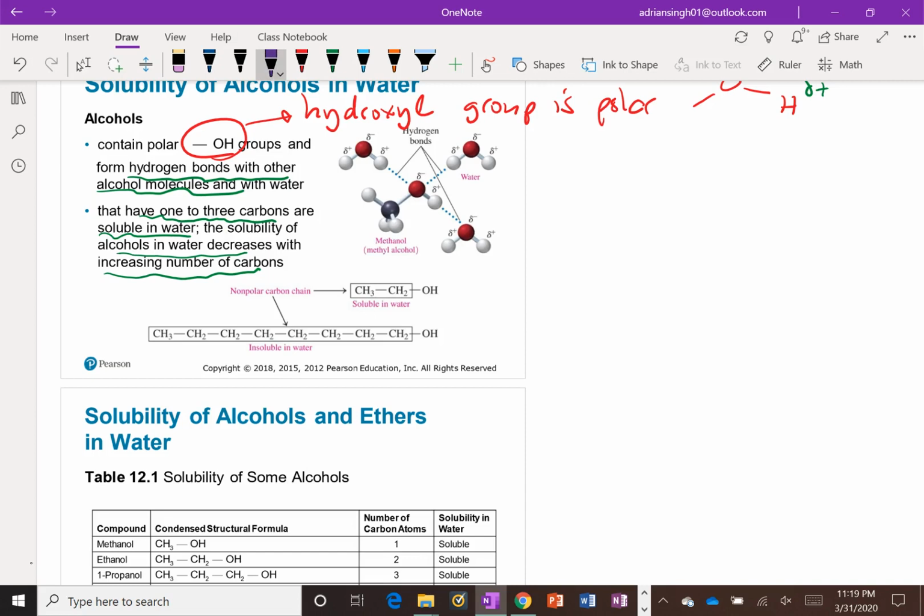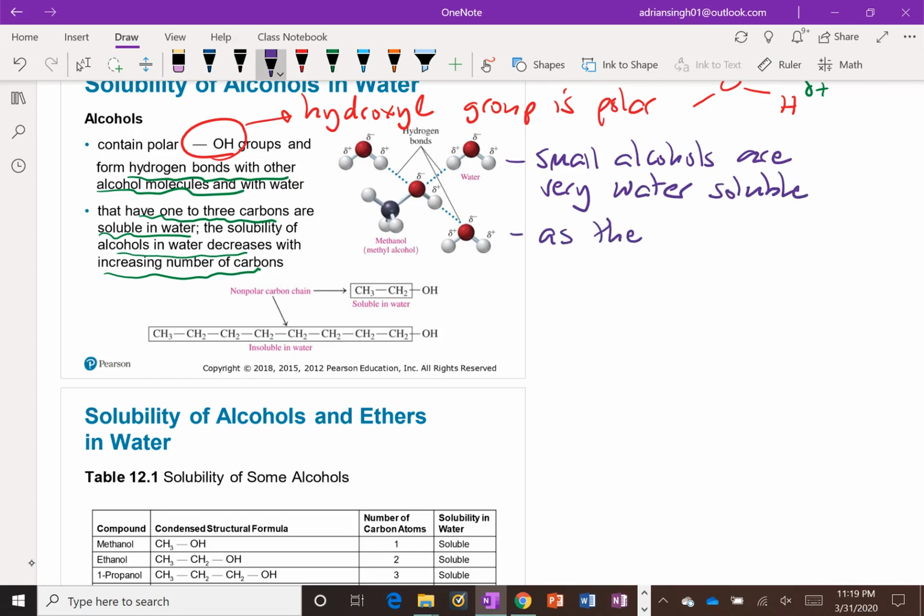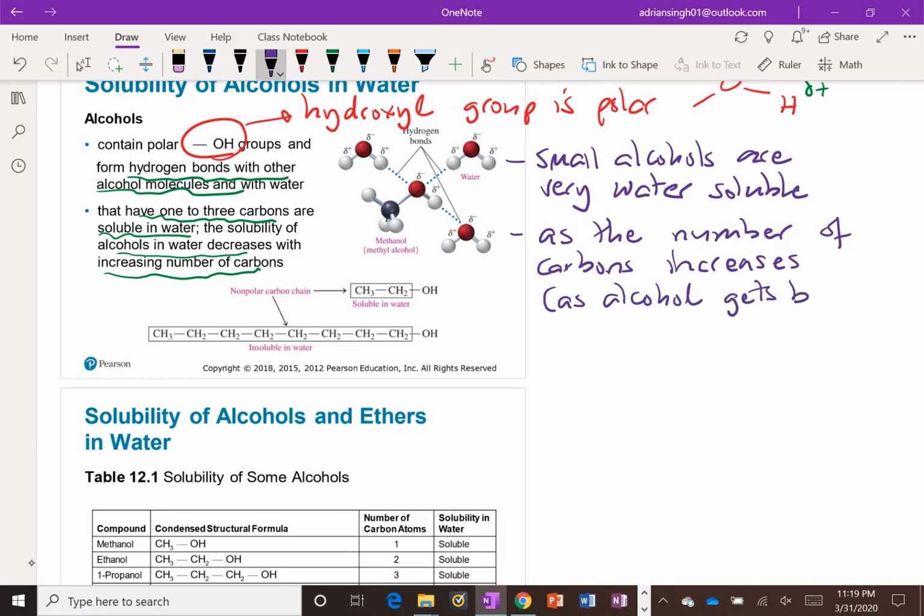So what we can say is small alcohols are very water soluble, and as the number of carbons increases, in other words, as the alcohol gets bigger, the solubility in water decreases.